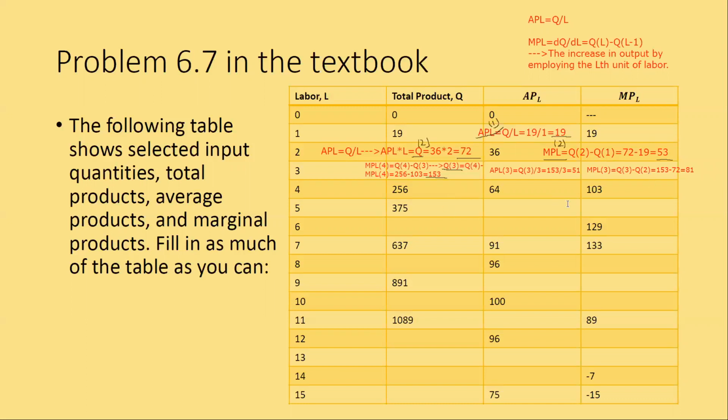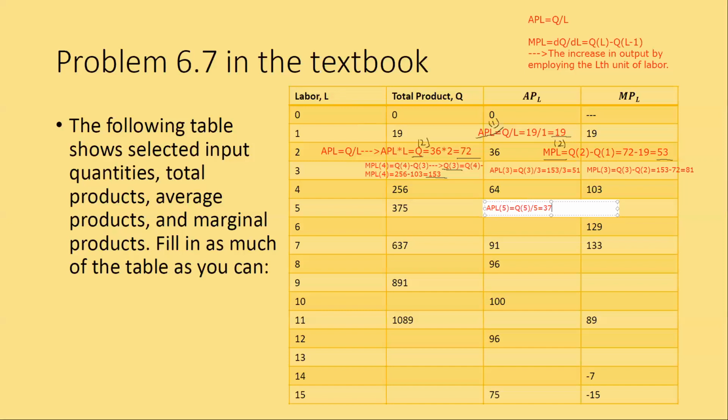Now we have actually used all the techniques that we needed to solve this table. So from now on, I will go a little bit faster, all right? So here, the average product of labor when we employ 5 units of labor is Q5 divided by 5.